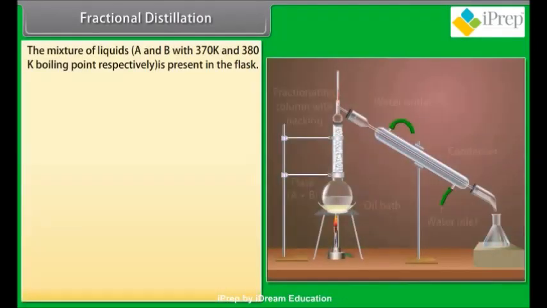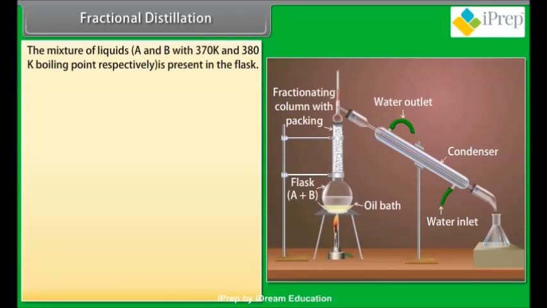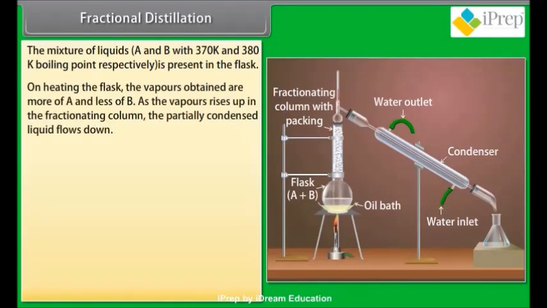The mixture of liquids A and B with 370 Kelvin and 380 Kelvin boiling points, respectively, is present in the flask. On heating the flask, the vapors obtained are more of A and less of B. As the vapors rise up in the fractionating column, the partially condensed liquid flows down.